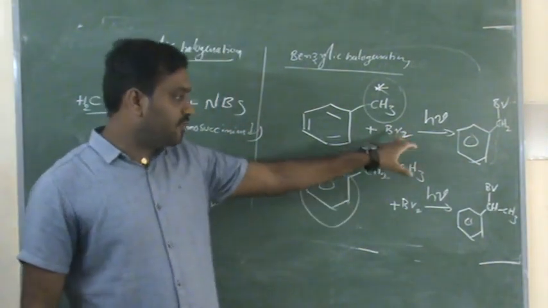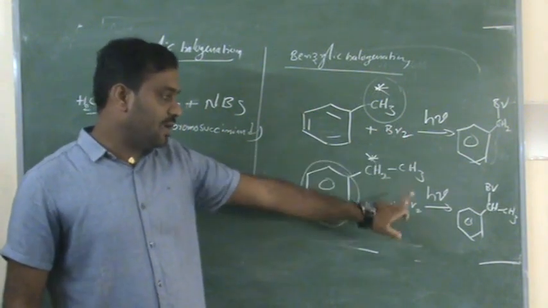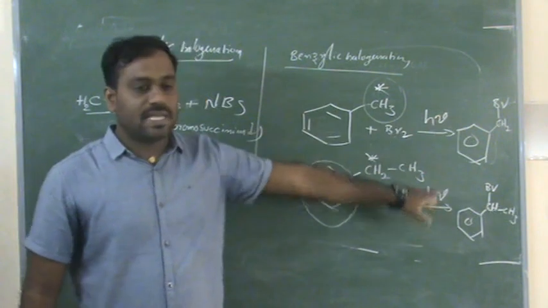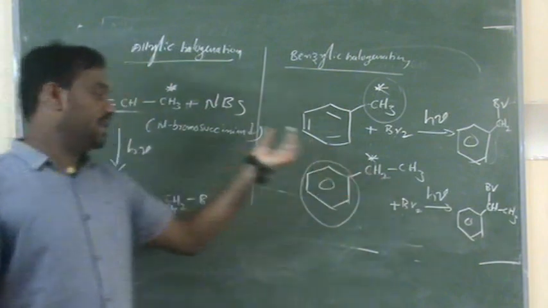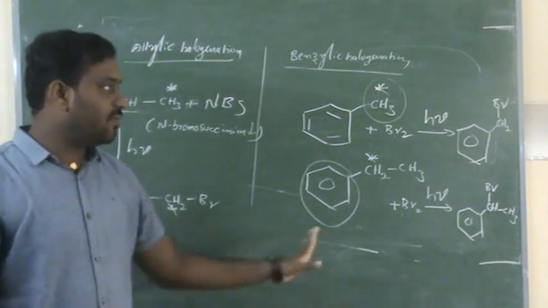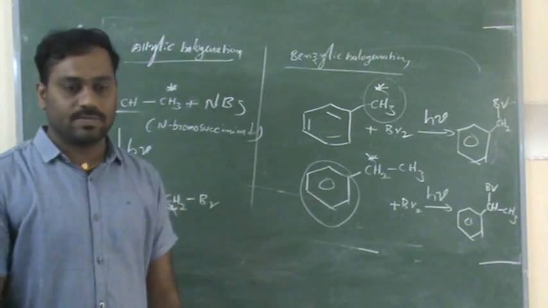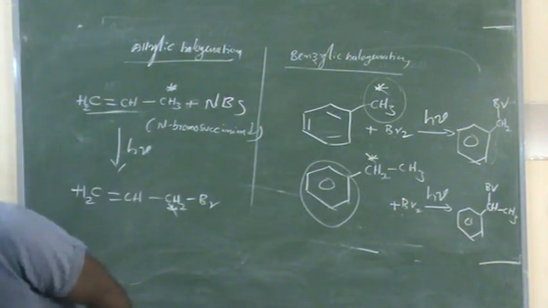So for these reagents, you can take Br2 or Cl2 and use sunlight. In both cases, benzylic halogenation happens. In the earlier cases, allylic halogenation happens. This is very important for competitive exams: benzylic halogenation and allylic halogenation.